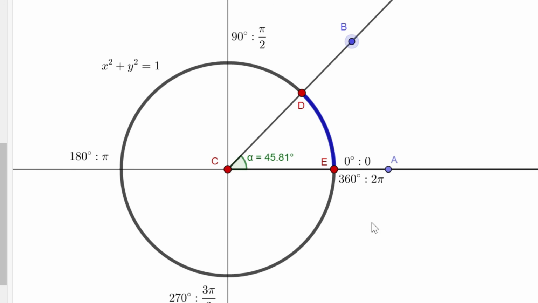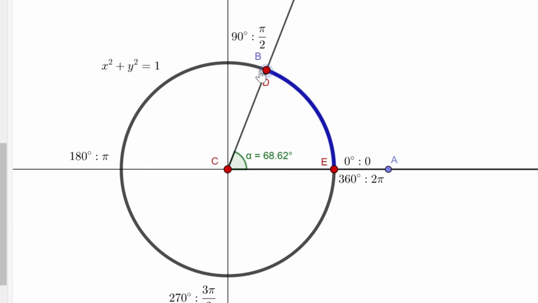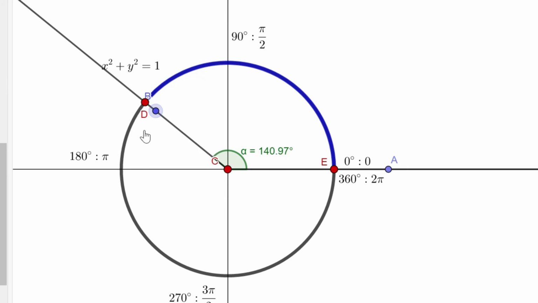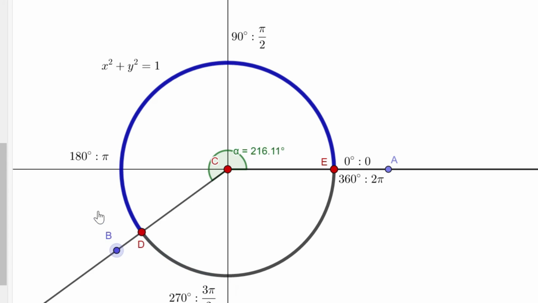And these are the working ratios. 360 degrees is to 2 pi, one complete circumference of a unit circle. 1/4 of a complete revolution, which is 90 degrees, is pi over 2. Half the circumference of a unit circle, which is pi, in degree measure is 180 degrees. And then 3/4 of a complete revolution, which is 270 degrees, in arc length of a unit circle, is equal to 3 pi over 2.